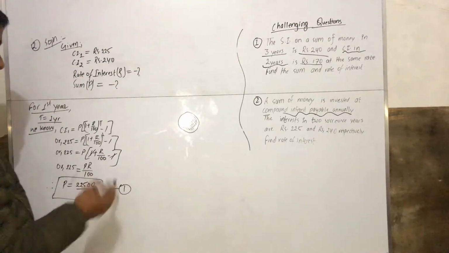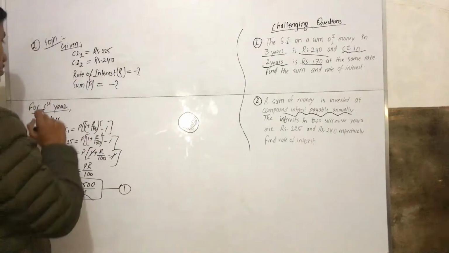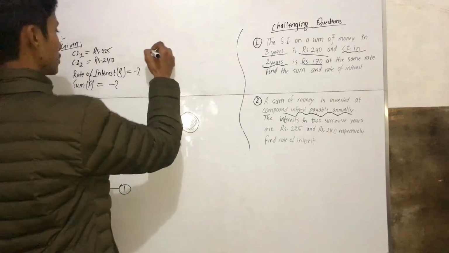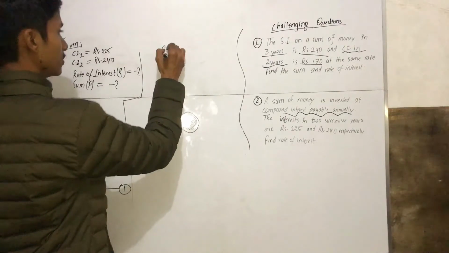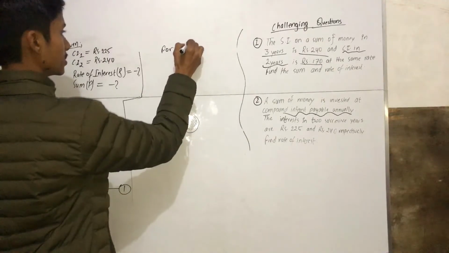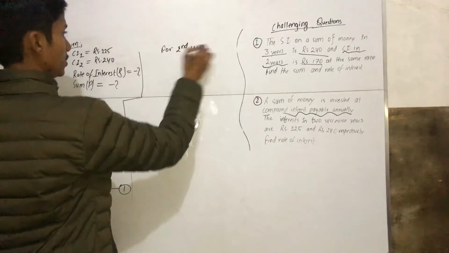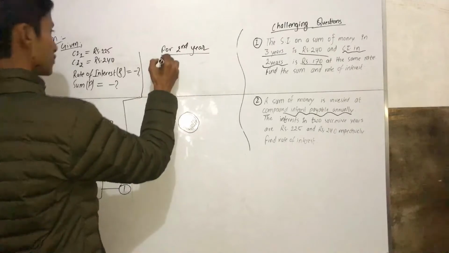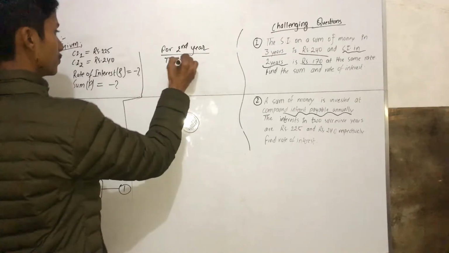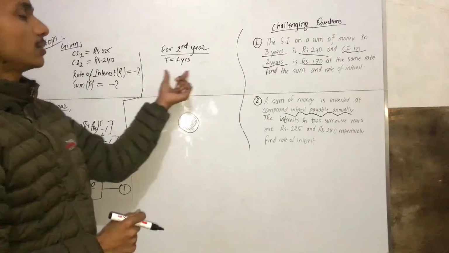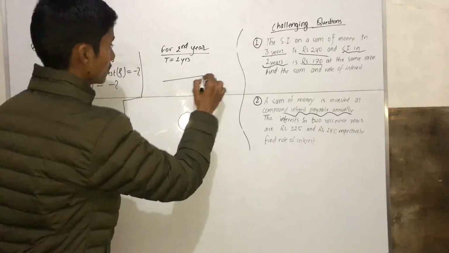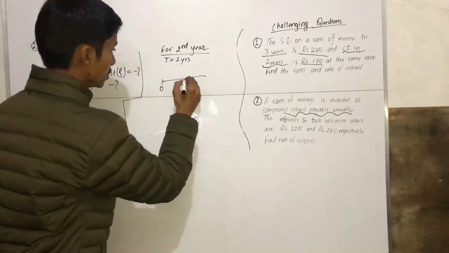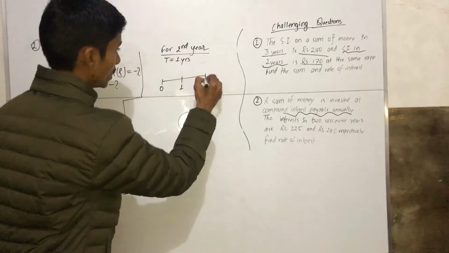Let this equation be 1. Now we transfer to our second condition, for second year. Now we find for second year, time is equal to 1. Here I have written time is equal to only 1 year, because here you can see from 0, 1 and 2 year.